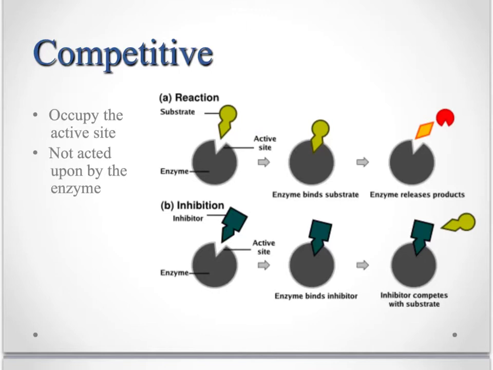The most important thing to remember about a competitive inhibitor is that it competes with the substrate here, a little green molecule, for the active site. And the active site is that little V-shaped notch in the enzyme itself.